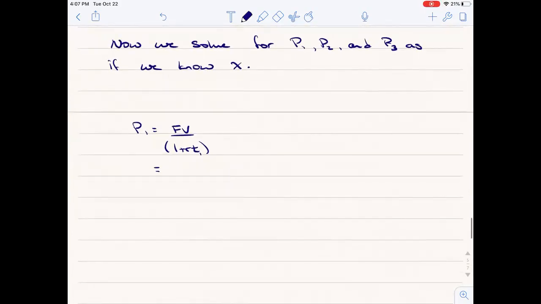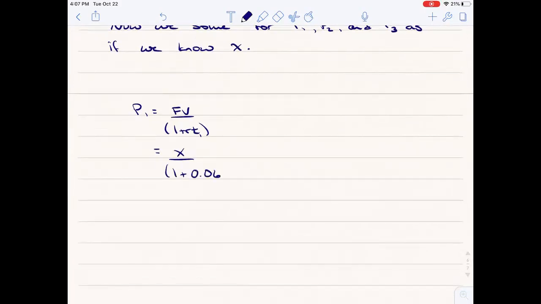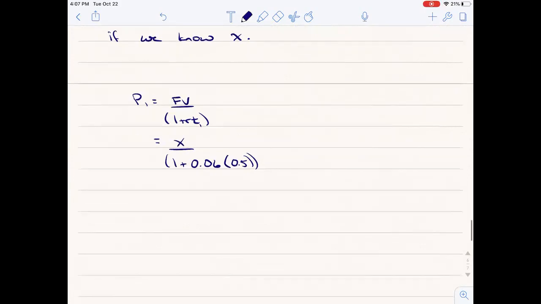So you have your future value is X over 1 plus R, which is 0.06 for all of these, and for P1, T was 0.5. So I have 0.06 times 0.5 plus 1. I've got X over 1.03.